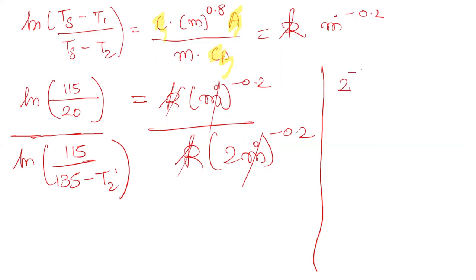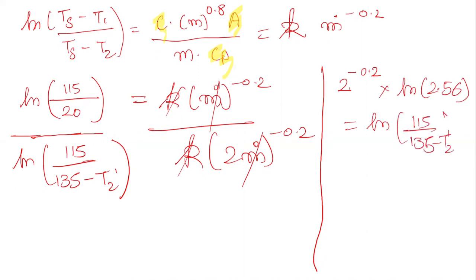So 2 to the power minus 0.2 times ln of, this value is somewhere around 2.56, equals ln of 115 over 135 minus T2 dash.